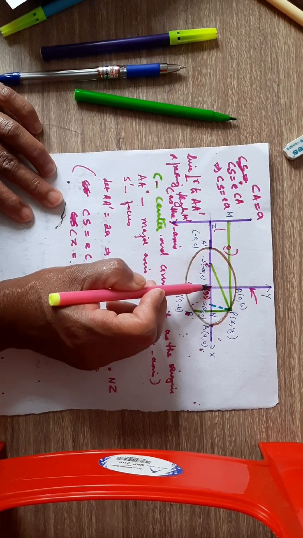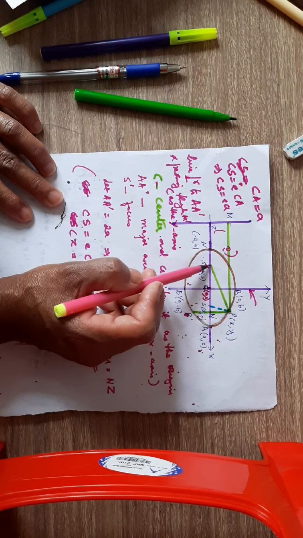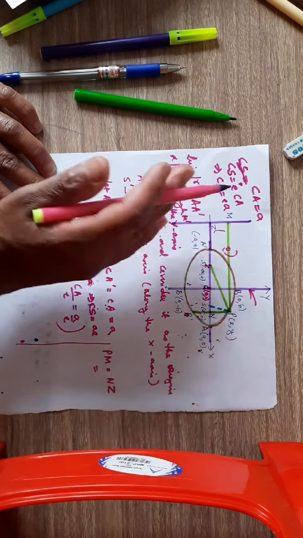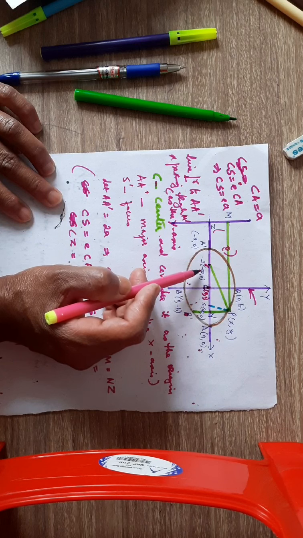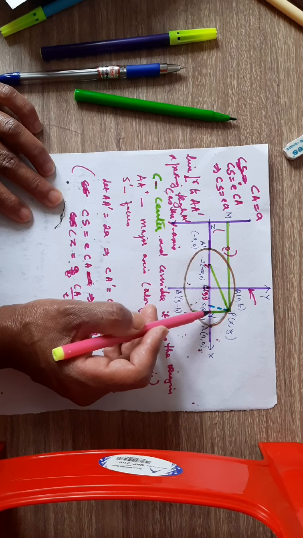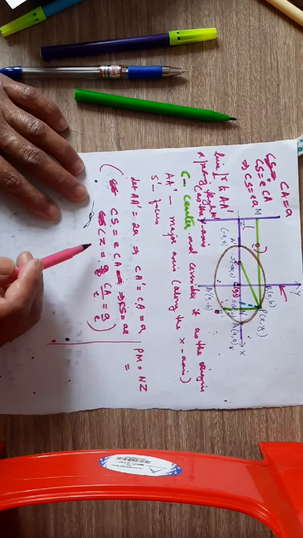That means the distance from the center or the origin to this focus here will be AE. But now I'm taking S prime to be a focus which lies on the left side of the y-axis, so it will be (-AE, 0), and S is another focus which lies on the right side of the y-axis, so it will be (AE, 0).